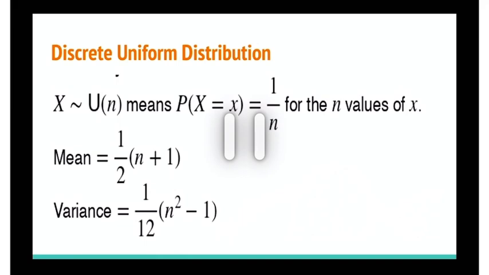I'm also going to show you how this is derived today. How do we know that if we have a probability mass function of 1 over n, where s starts from 1 to n, the mean is (n+1)/2? And how do we derive the variance to be (n^2 - 1)/12? I'll show you all of that today.